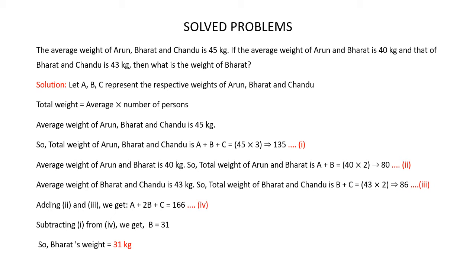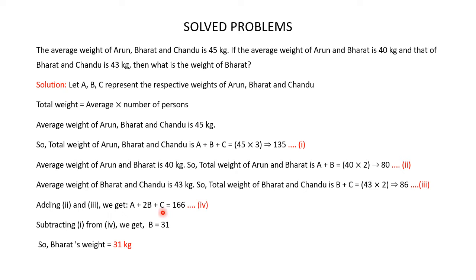Now, on adding equations 2 and 3, we get A plus 2B plus C is equal to 166. This is equation 4. Now, equation 1 is A plus B plus C is equal to 135.